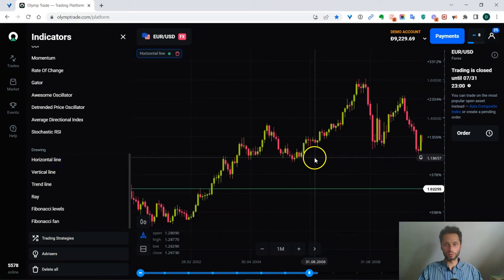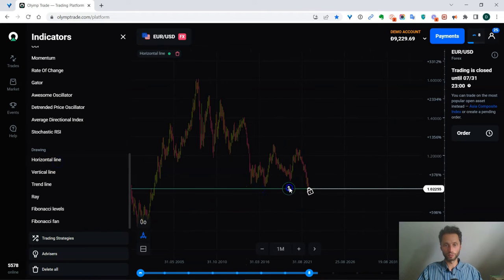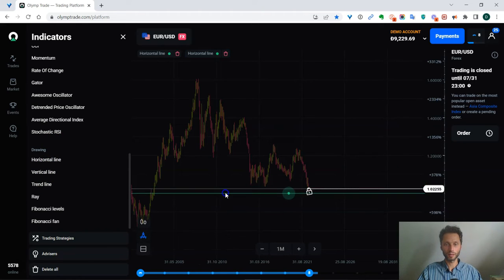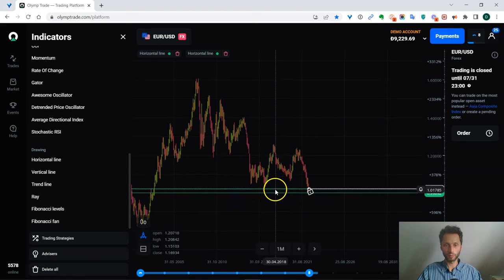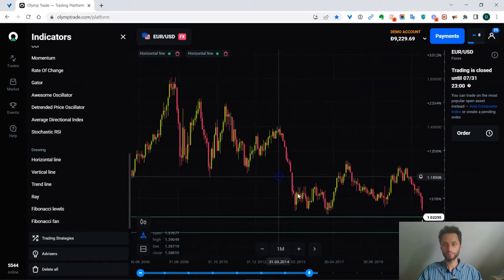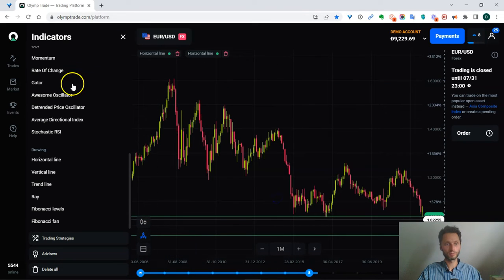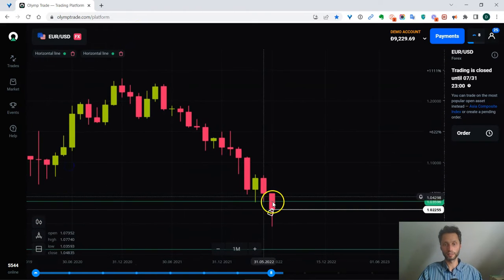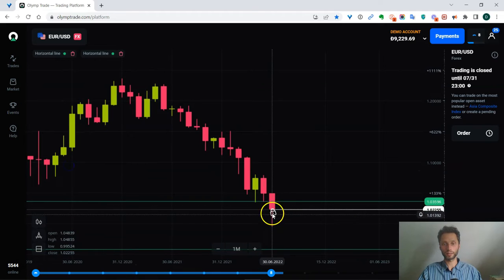I'm going to take a horizontal line, and I'm going to put that horizontal line right here at this level that we have just broken through, and also put another one right here where I identified the previous swing, just to mark out some levels together. And I can see that the previous month's candle left a very big wick to the downside, and we closed almost neutral. However, it was bearish from the open price.